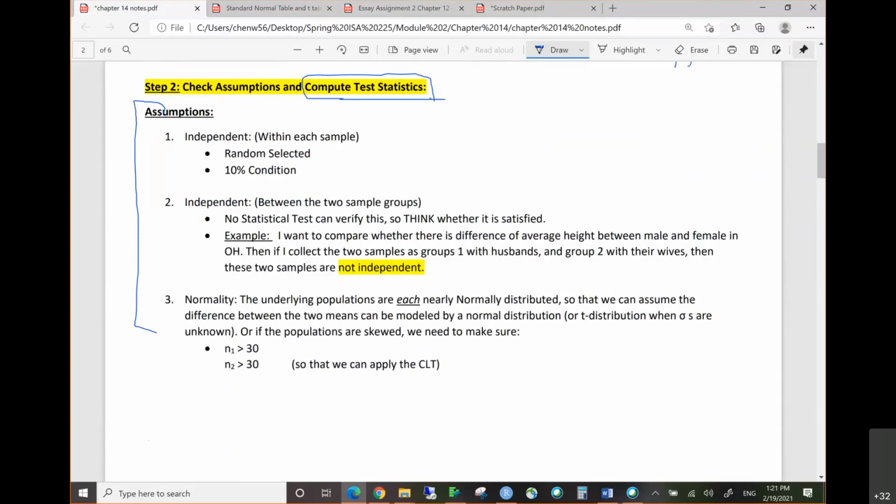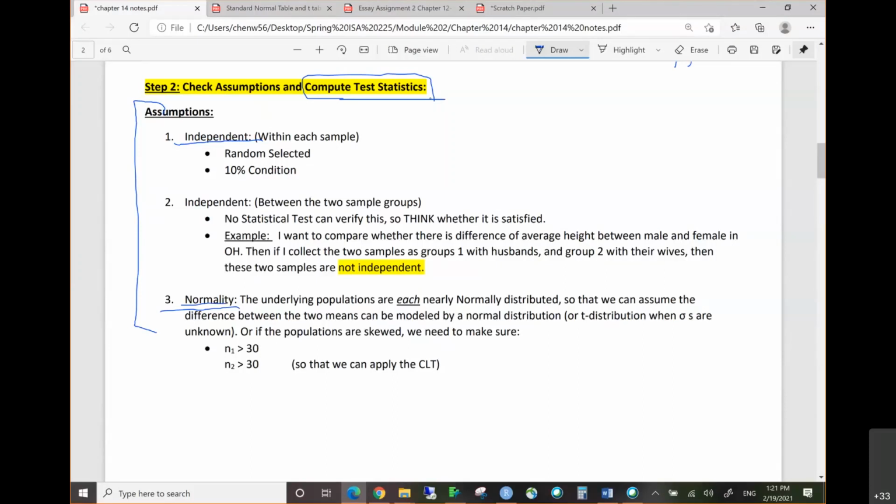Then we need to check the independence assumption and normality assumption, right? Since we are testing about the population mean, for the independence assumption, we need to make sure the sample is randomly selected and the sample size is less than 10% of the population size, right? And for the normality assumption, we need to make sure the sample size is larger than 30 so that we can apply the central limit theorem, right?